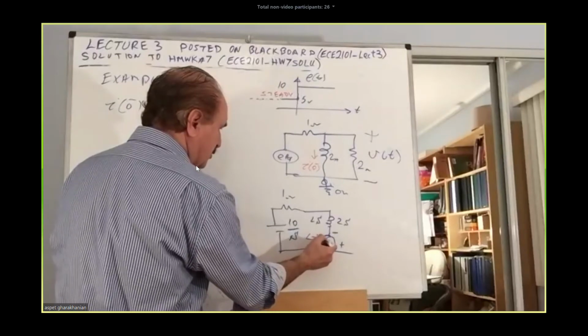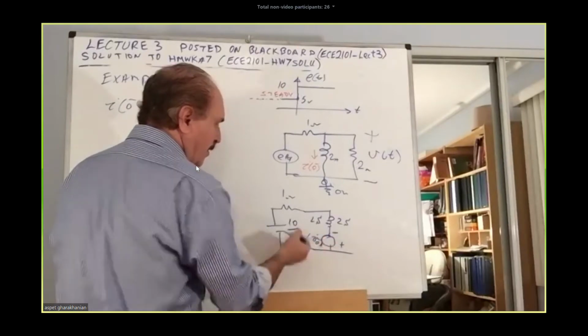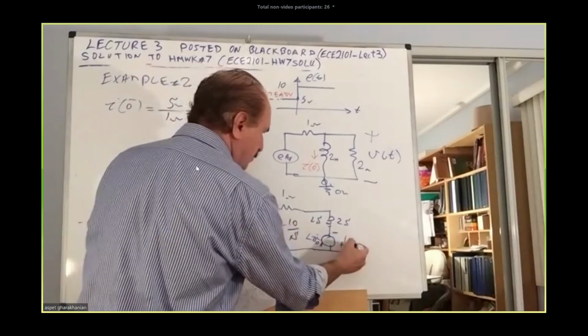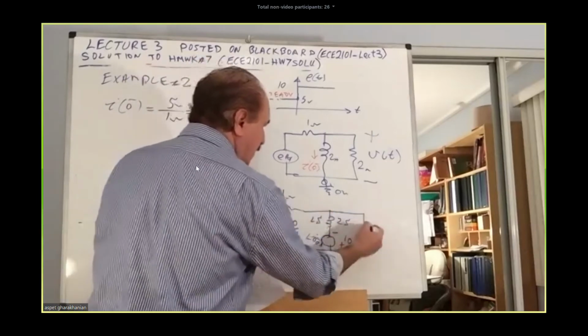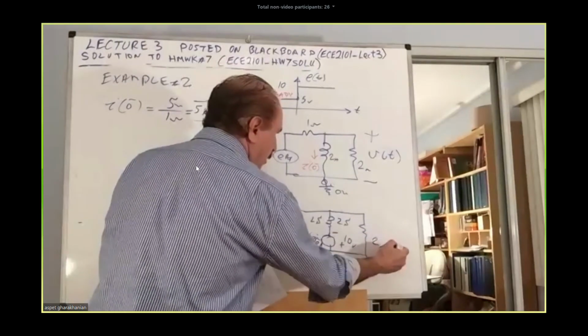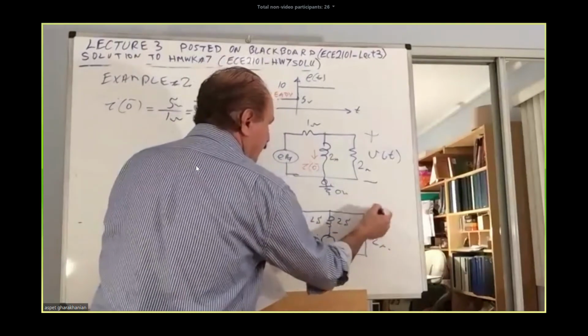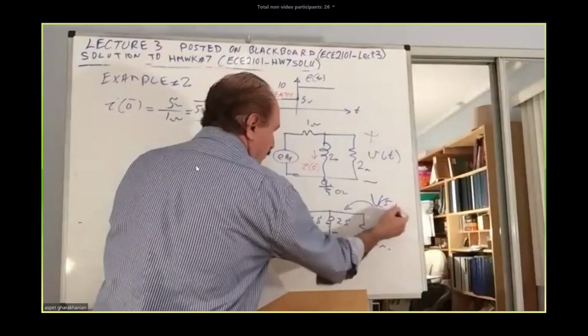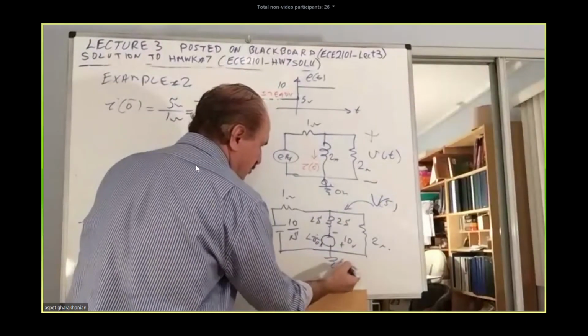Li0 minus here. Work this out, it is equal to 10 volt. And finally the 2 ohm, and that's the voltage here, V of S. And this is our reference ground, 0.